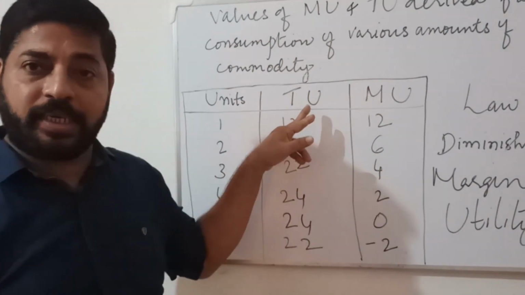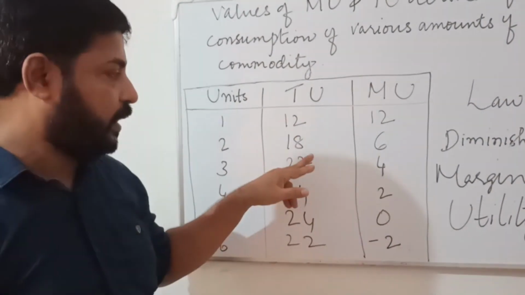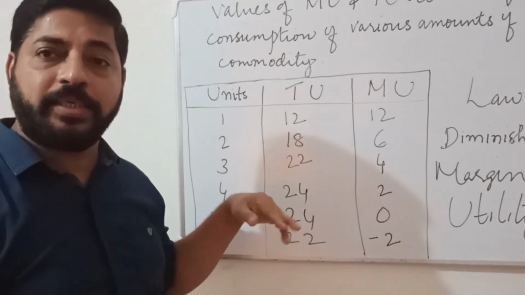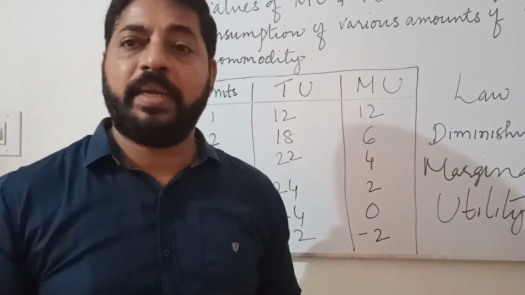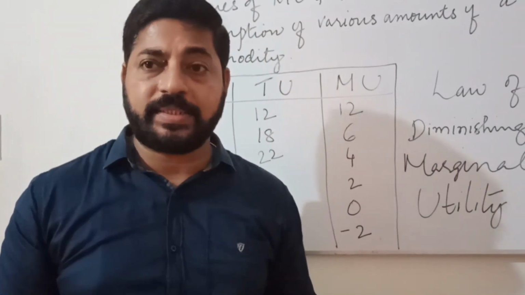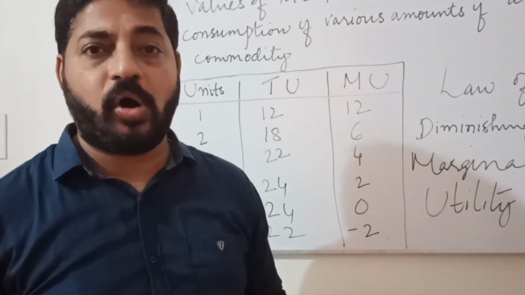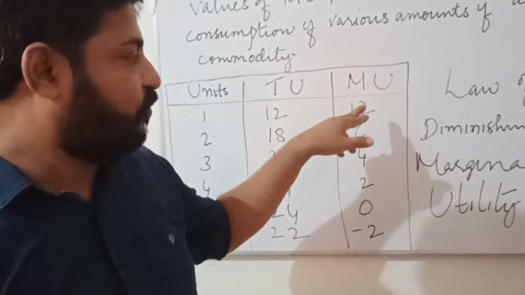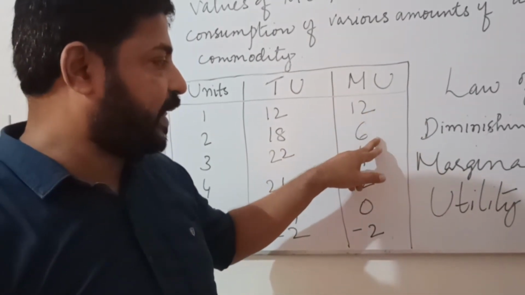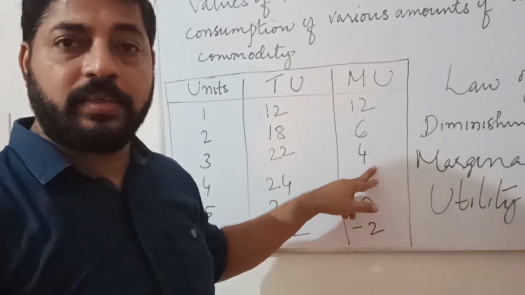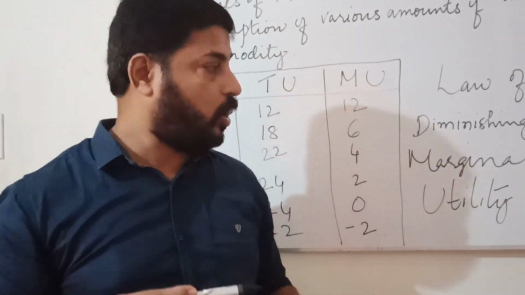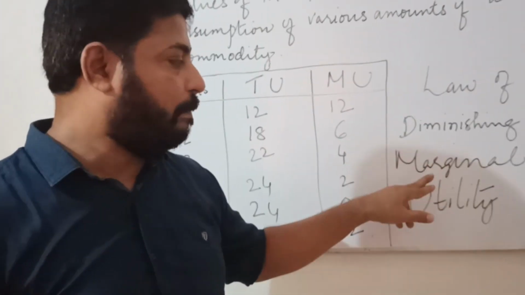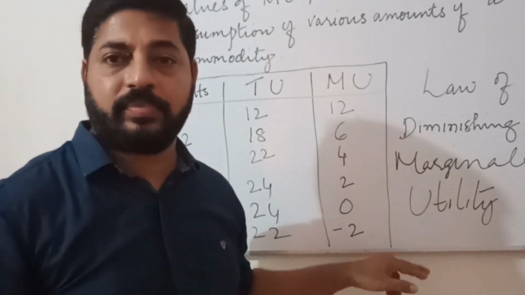Here total utility is given 12, 18, 22 and so on. Marginal utility diminishes with increase in consumption of the commodity from 12 to 6, 6 to 4 and so on. This follows from the law of diminishing marginal utility.